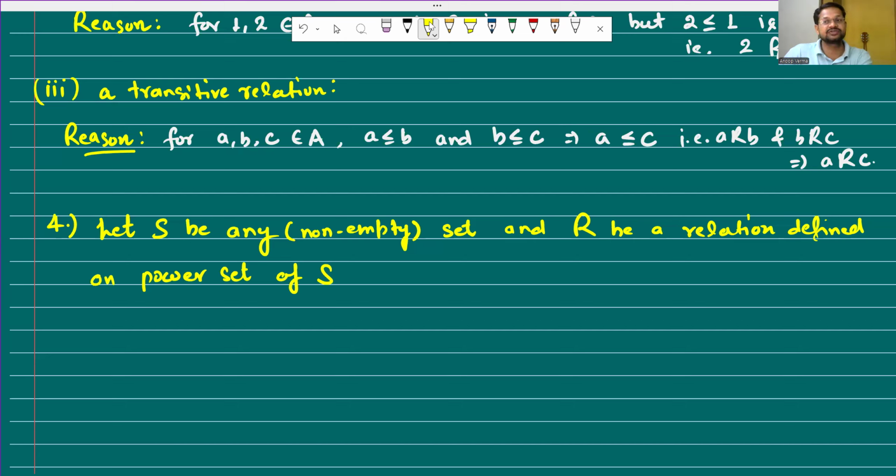Collection of all the subsets of a set is called the power set. We denote it as P(S).